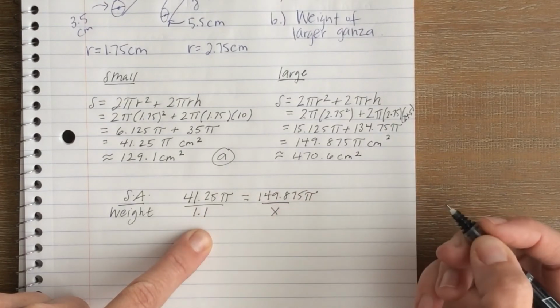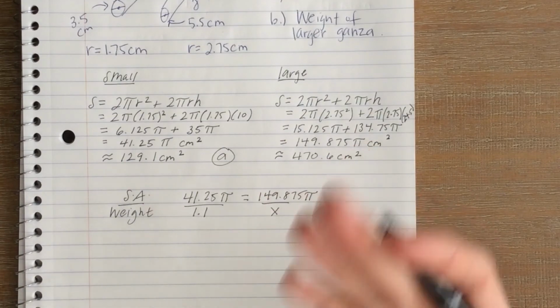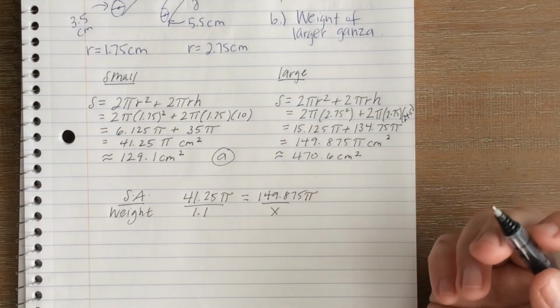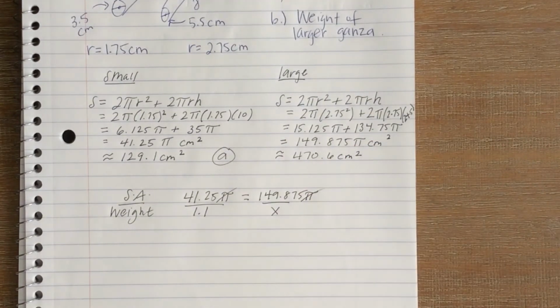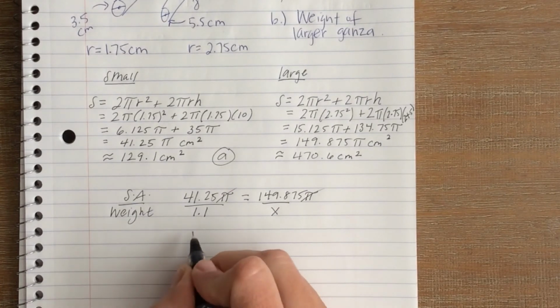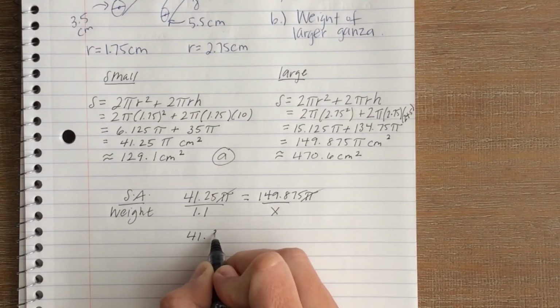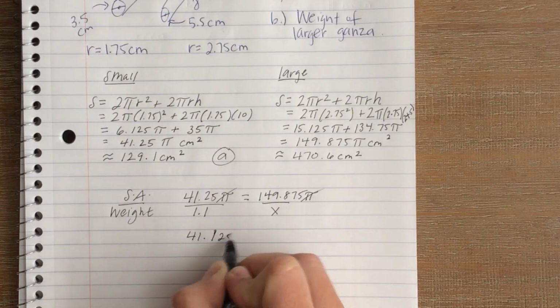I'm going to put the pi in there, but really, when you start cross-canceling, the pi's just cancel each other out. So I'm kind of just going to get rid of them anyway and do the math. Cross multiply, set up your proportion, and here we go, 41.125 times X is equal to 1.1 times 149.875, which is 164.8625.